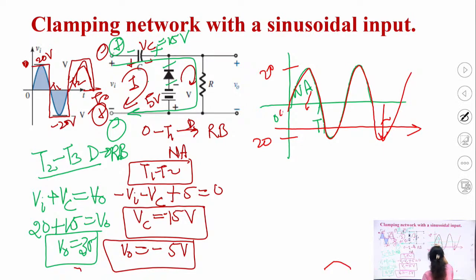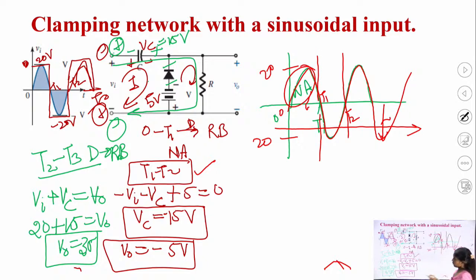During the time period 0 to T1, what is my output voltage? It is minus 5 volt. So here you can see this is 0 to T1 and T1 to T2. This is the duration of no analysis. And T1 to T2, this value comes out to be minus of 5 volt.